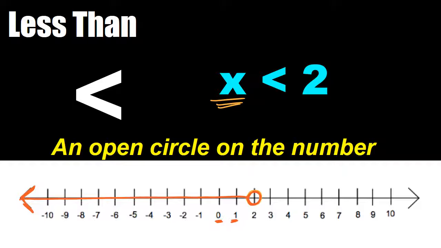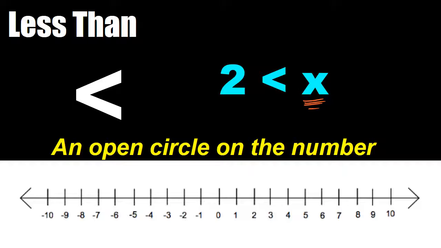And so you might start trying to think of different tricks to remember. You might say, well, look at the way the less than sign's pointing, and look at the way the arrow's going. That might work, but in this case, I have the variable on the right-hand side now. And so the trick only works half the time, and so you have to be really, really careful about how to read these.